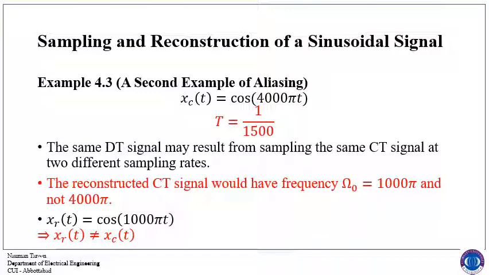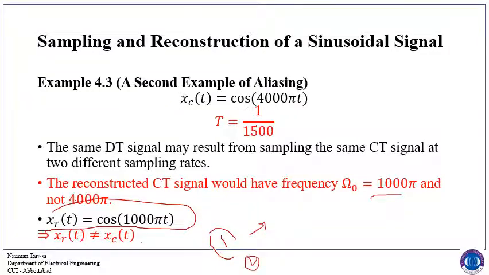The reconstructed continuous time signal would have frequency omega naught 1000 pi, not 4000 pi. So the recovered signal will be this, which is not equal to the original continuous time signal. So one takeaway is that we get the same discrete time signal if we are sampling at different sampling rates.